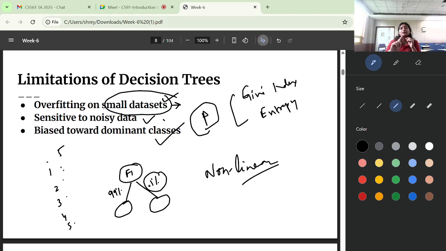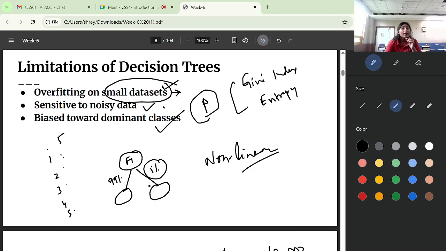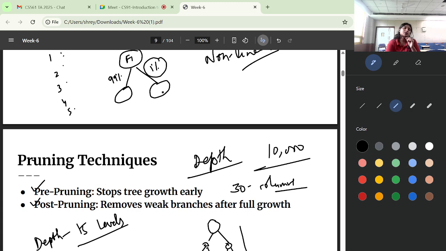So here this limitation is related to small data sets which cannot be catered for. We have to increase the size of the data set. For the depth, we can use pruning, that we can prune at this level. So I will not split at this end.